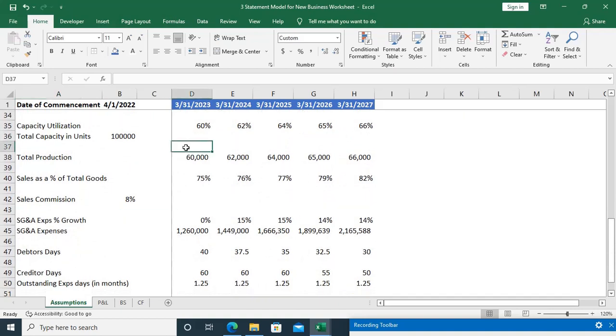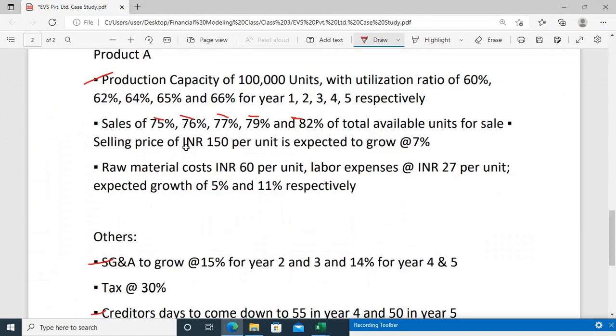So here also we can do the calculations related to the sales price. Sales price is there, then raw material and labor is left. So the direct expenses part and sales is still left.